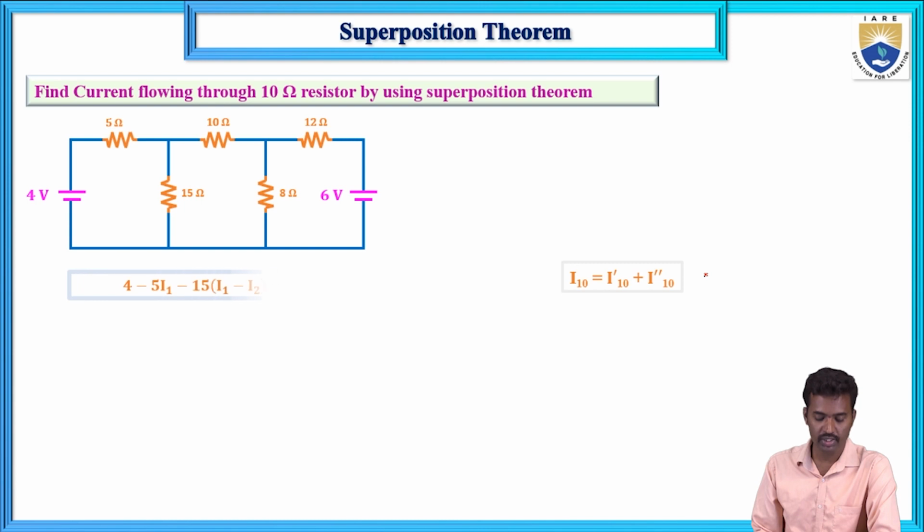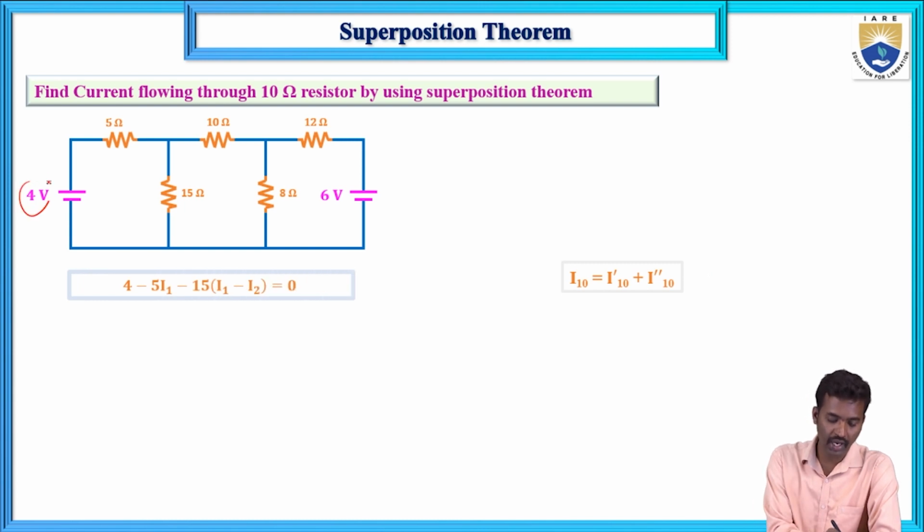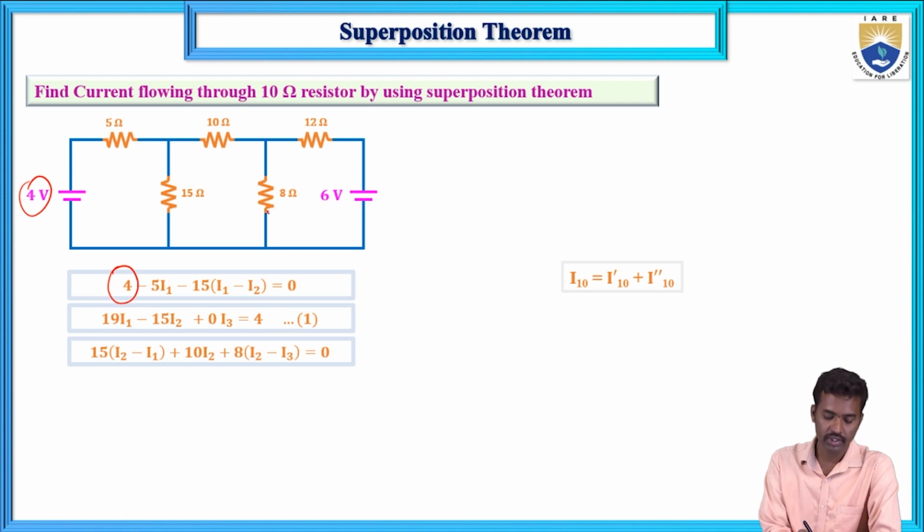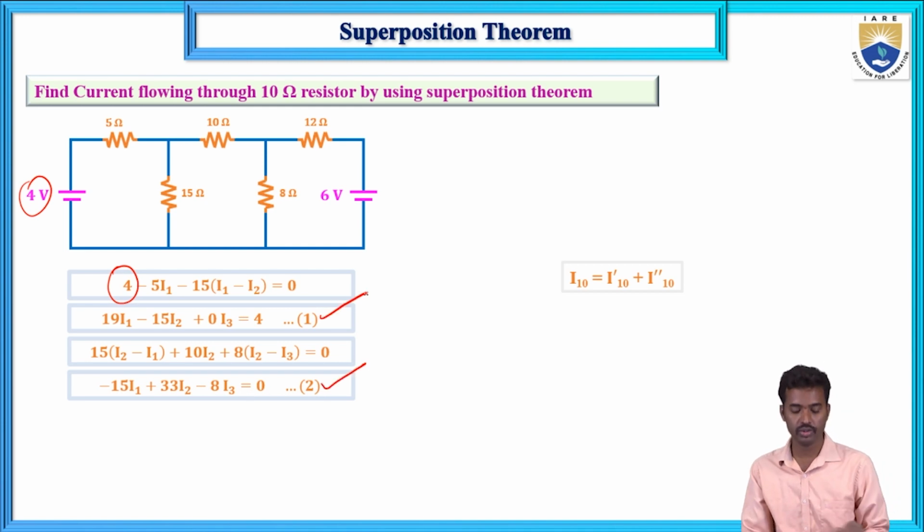Now the verification part, same thing. With 4 volts active, this should be the same: minus 5 I1, 15 I1 minus I2 equals 0. Next, if you simplify this one, 19 I1 minus 15 I2 plus 0 I3 is equal to 4, that is equation 1. 15 I2 minus I1, second equation, and 10 I2 and 8 I2 minus I3 equals 0, minus 15 I1 plus 33 I2 minus 8 I3, that is equation number 2 equals 0.